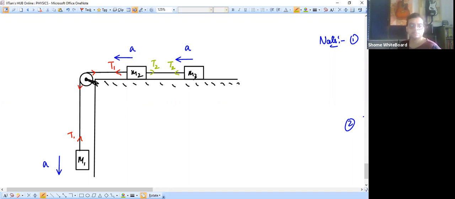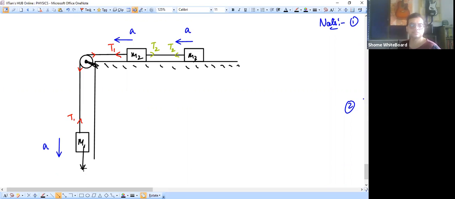All right. And apart from that, of course, there are the forces, which in this case are the weight of this block, that is M1G.